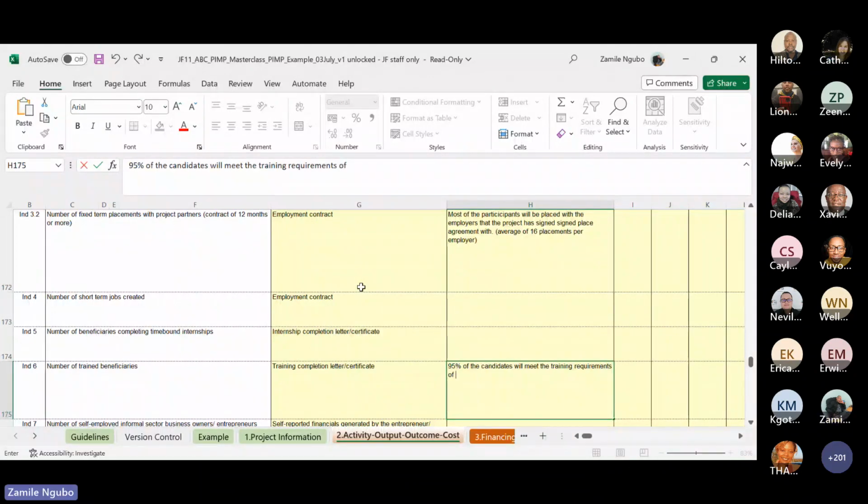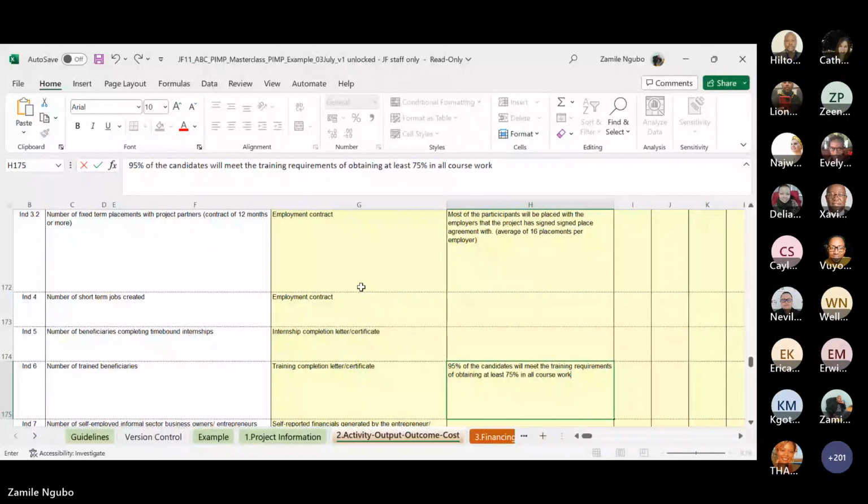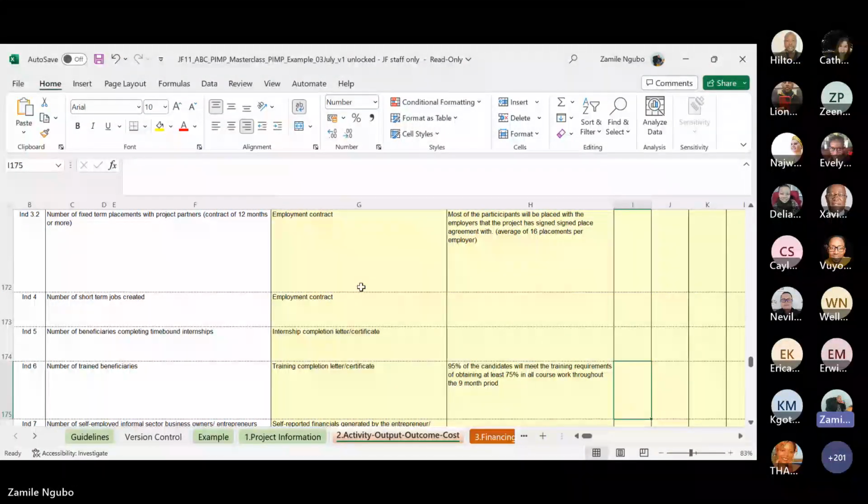So if we take a 95% successful rate, it means that we will have 475 trained beneficiaries after a year.